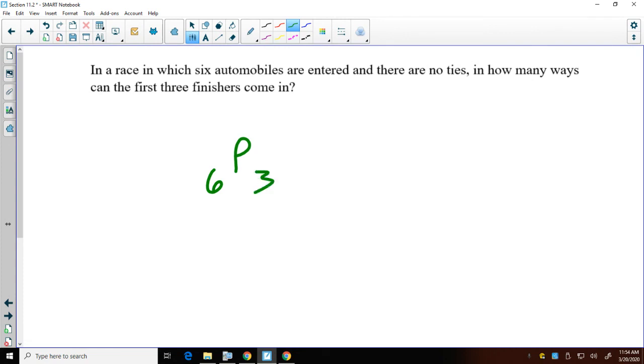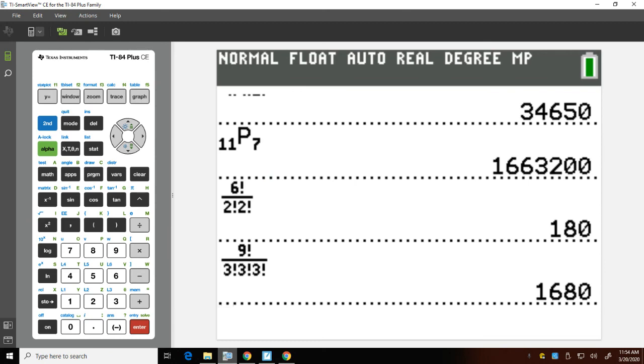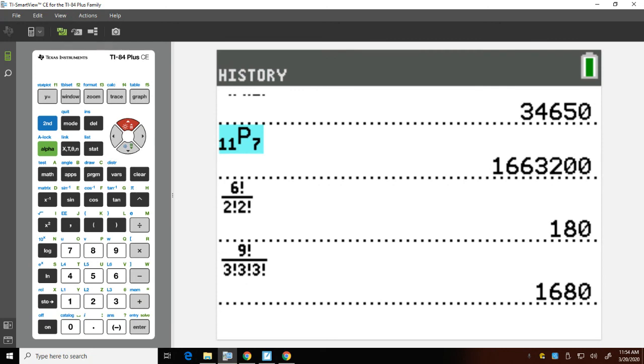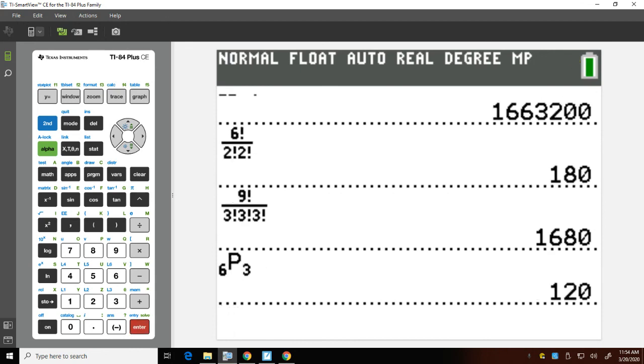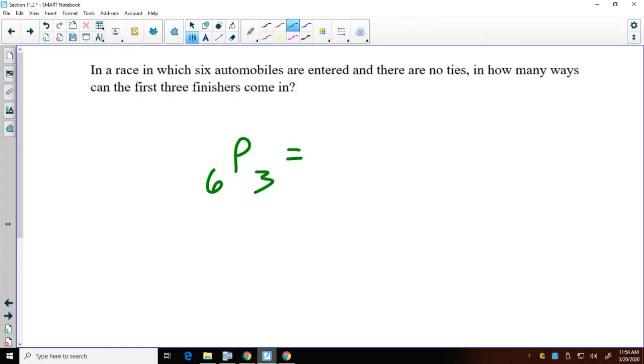So all we got to do is go to our calculator and do 6P3. So I can scroll up there and grab this 11P7, and all I got to do is just go back in here and change. So 6, scroll over, 3. So I have 120 different first place, second place, third place arrangements of those racers.